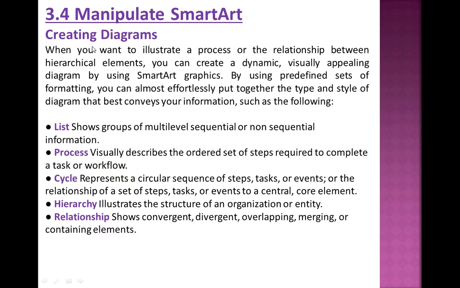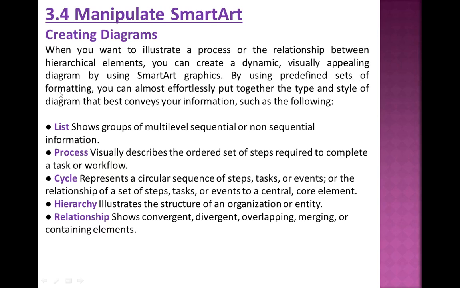So, creating diagrams: when you want to illustrate a process or the relationship between hierarchical elements, you can create dynamic, visually appealing diagrams by using SmartArt graphics. Means you can use the illustration to show the process or the relationship.